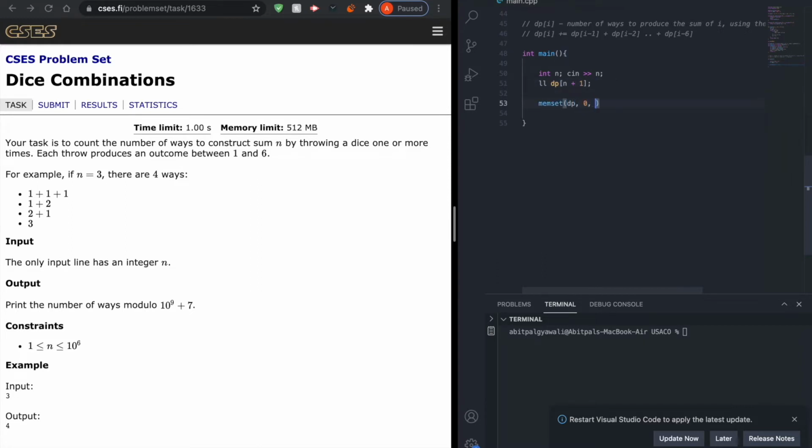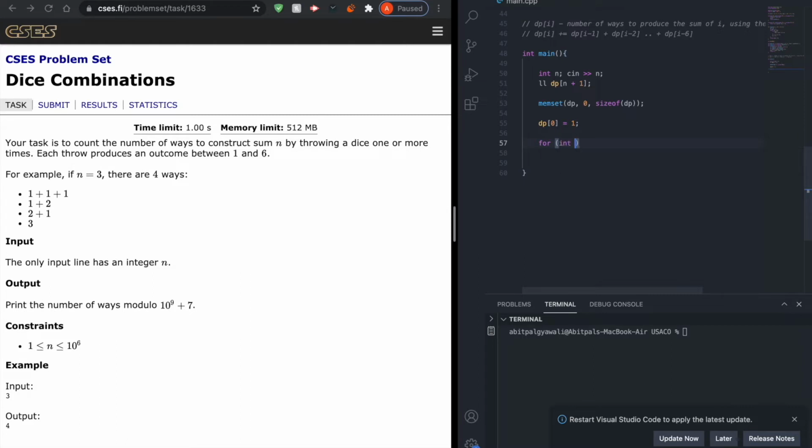Memset dp to 0 with size of dp, which sets every value in dp to 0. But we want dp[0] to be 1 because there's one way to make dp[0], and we'll add on from there. This is the base of our whole operation.